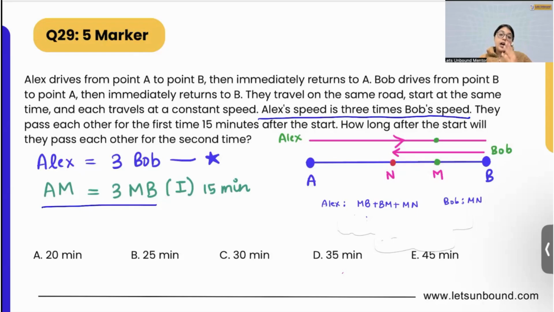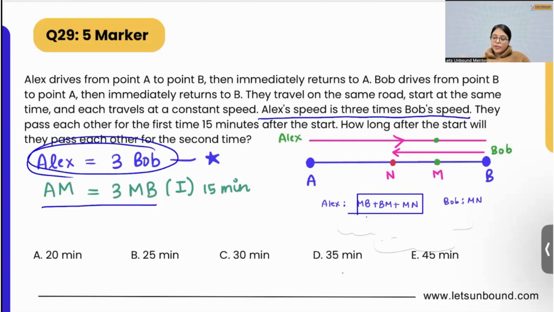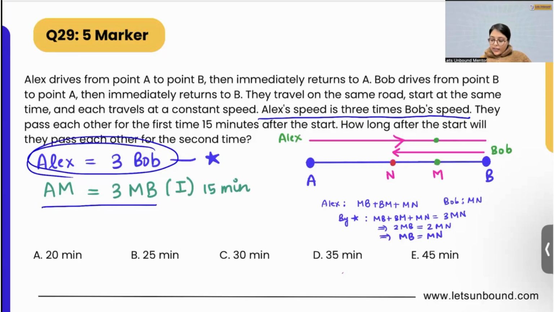But in order to find how much time they are taking to meet for the second time, let's use this concept, that Alex is moving 3 times faster than Bob. So whatever distance Alex is covering, this distance which I have put in the rectangular box, should be 3 times of MN, right? So by star means this same concept above. I can equate them, and what I see is MB is the same as MN.